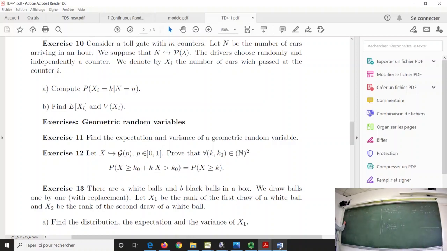So I can write this probability as the sum from, let's say, j equal to i to plus infinity of the probability that x is equal to j. It's exactly what I have said. x can be equal to i, or equal to i plus 1, or equal to i plus 2, and so on.